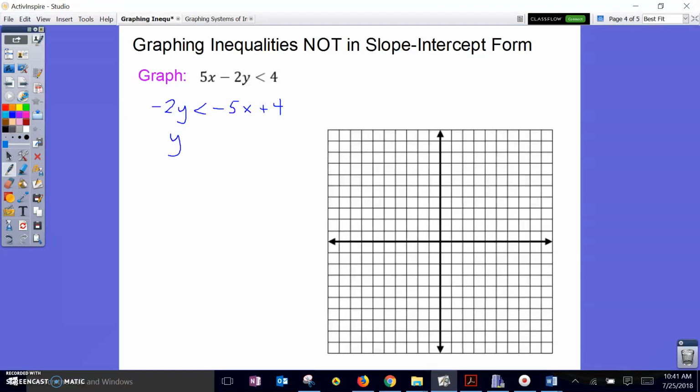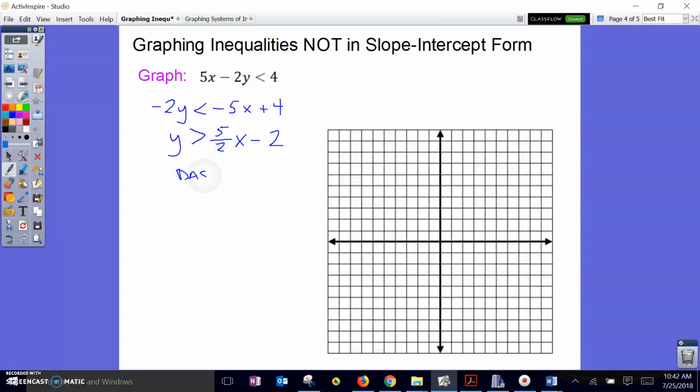When I divide by negative 2 in an inequality, I'll make sure I flip that inequality sign. And now I'm going to divide both things on the right by negative 2. Negative 5 divided by negative 2 ends up becoming a positive 5 over 2 x. Negative divided by negative gives me a positive. And positive 4 divided by negative 2 becomes a minus 2. Now I've got it in slope-intercept form.